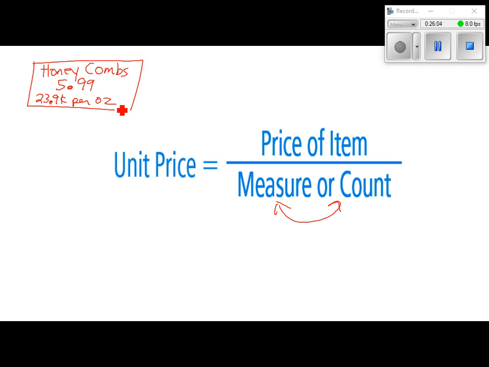So you take the price of the item, divided by how many of whatever it is you're buying. If it's meat, like Adam was saying, and you're buying a whole bunch of pork chops or something, then on the tag on the pork chops, it'll say $17.99. And then underneath that, it'll say $1.62 per pound. That's the unit price, that $1.62.